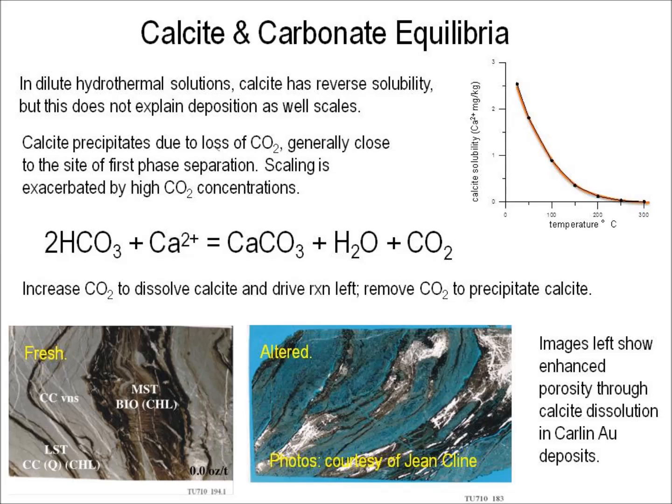In terms of reservoir porosity and permeability, this could be really important. Here are just two thin sections that Gene Klein gave me. These are from a Carlin gold deposit in northeastern Nevada. They contain huge amounts of gold. The thin section on the left shows a mudstone with calcite veins. And over on the right, the blue represents where the calcite's been removed.